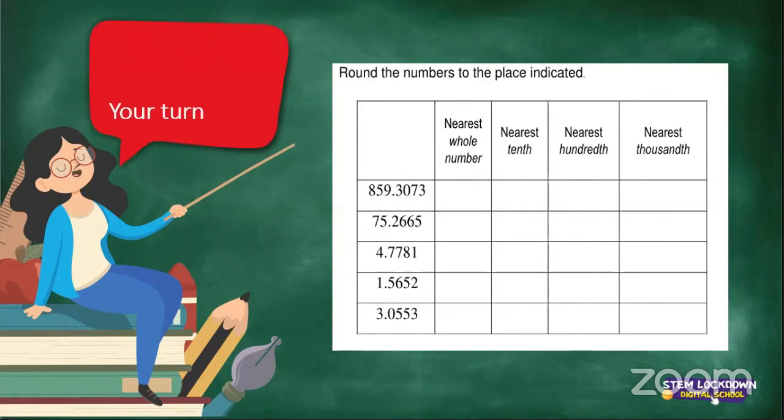Okay, Zamila says it's 859.3080. We are rounding off to the nearest tens. So when we are rounding off to the nearest tens, remember we said we delete all the other numbers. The third step was, after we've checked whether the number is more than 5 or less than 5, we round off and we remove all the other numbers, and we are left with only the number that we are rounding off to, right?